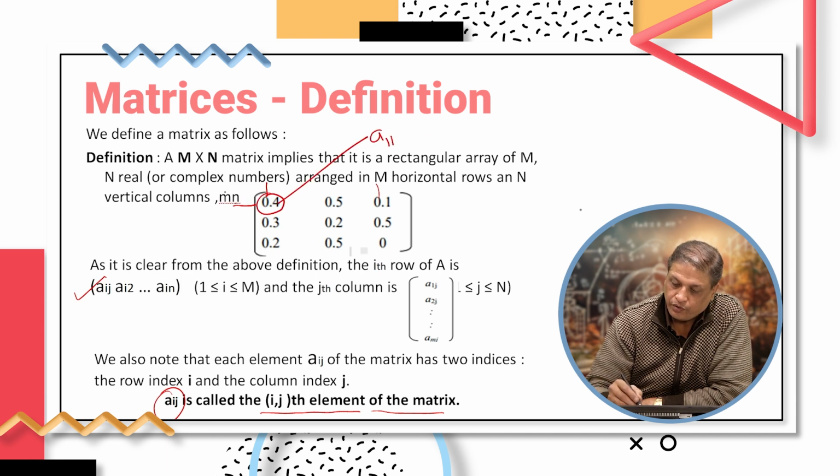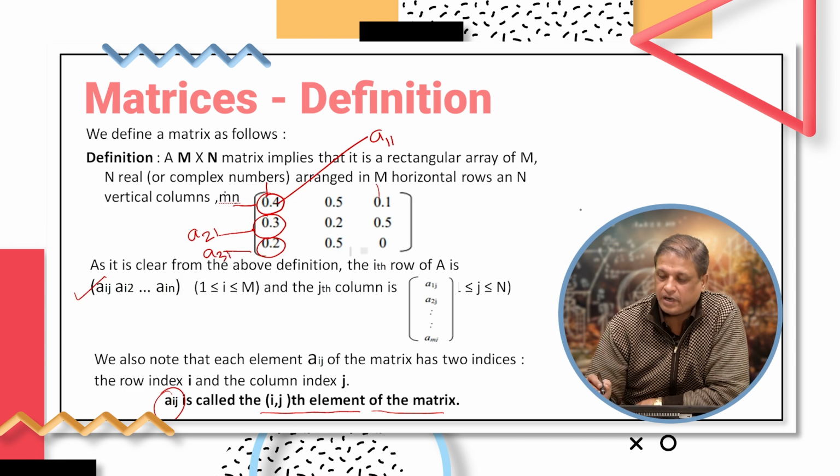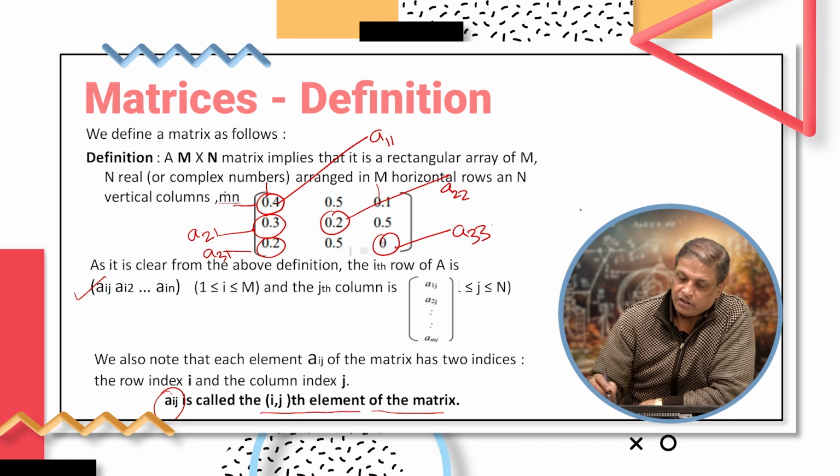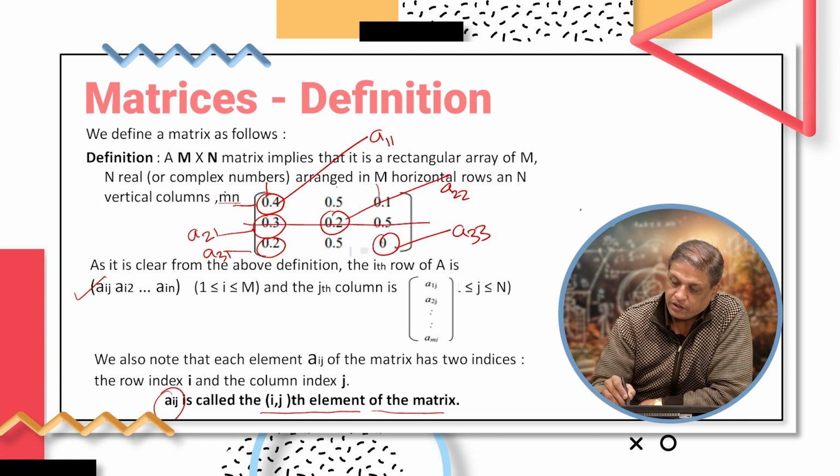If I go for this, this will be second row and first column. This is third row and first column. I hope you are able to understand what I mean by the ijth element. The diagonal elements are A11, A22 and A33, that is first row first column, second row second column, third row third column.